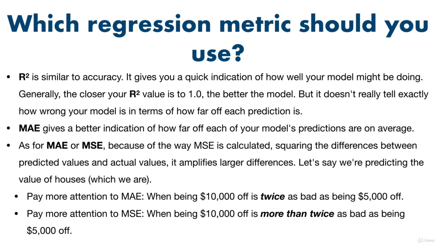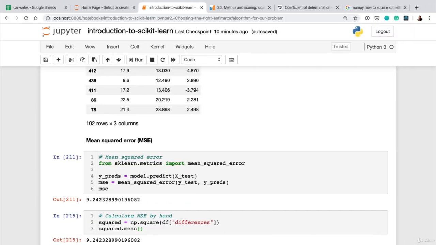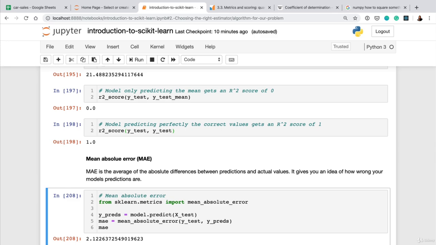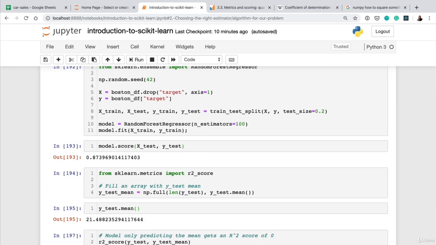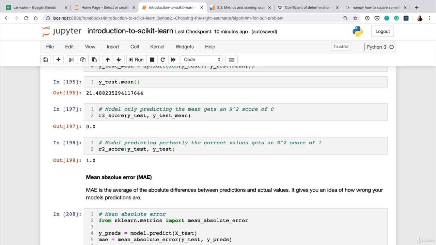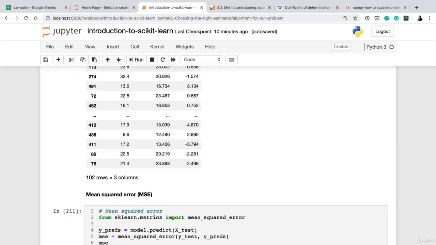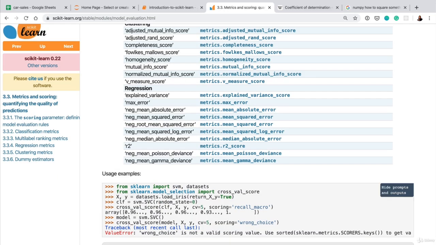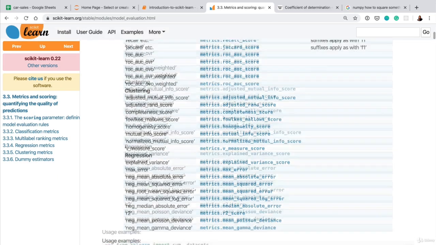Long story short, a little tidbit here is for regression models, you want to minimize mean squared error and minimize mean absolute error while maximizing R squared, right? So does that make sense? Minimize mean absolute error, minimize mean squared error while maximizing R squared. Whew. Now that we've covered a handful of some of the most useful and common regression metrics, we come back here, we see that there's still a fair few more that we could have done, right?